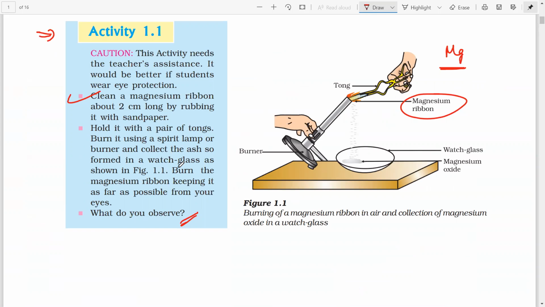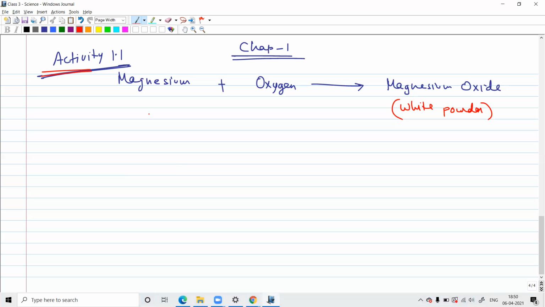What are the important points to note? Important points to note here would be, I will write it down for you and you can make a note of this: magnesium ribbon burns with a dazzling white flame. Dazzling means what?